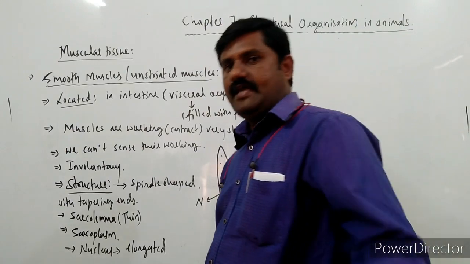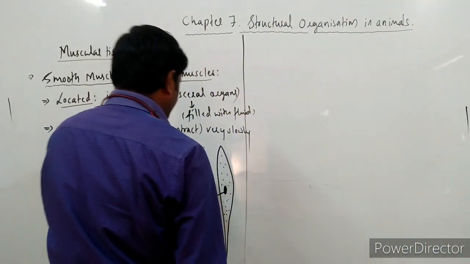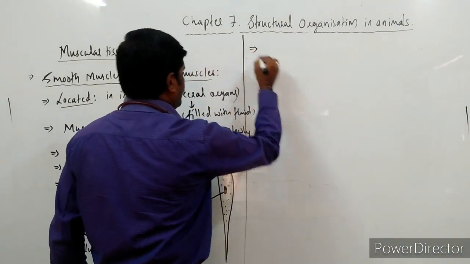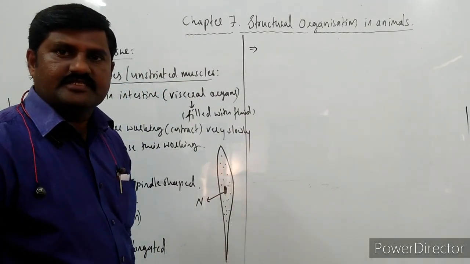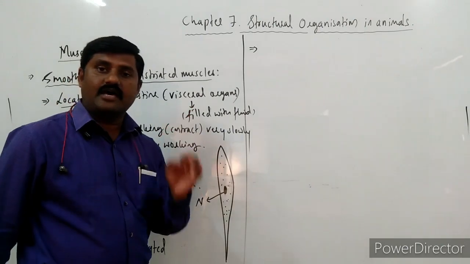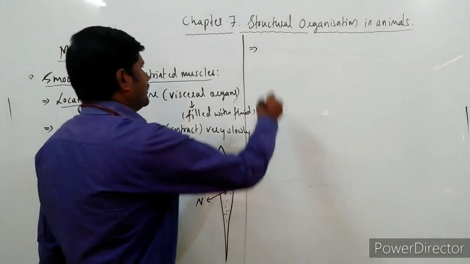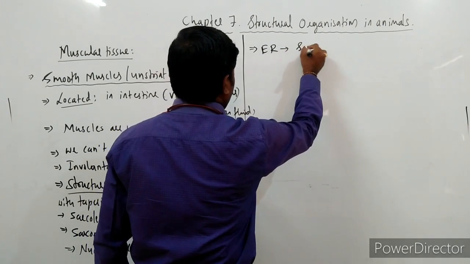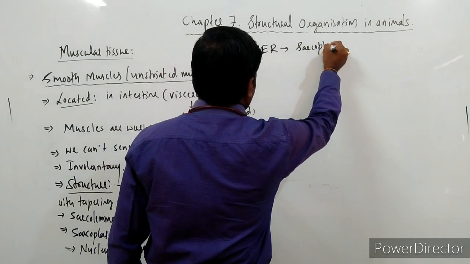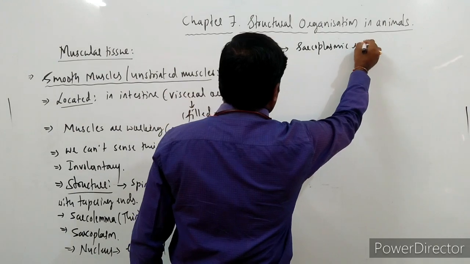That kind of nucleus is present over here. And one more point. So the endoplasmic reticulum present in this muscle fiber is called as sarcoplasmic reticulum.